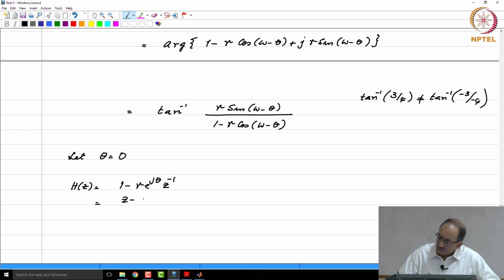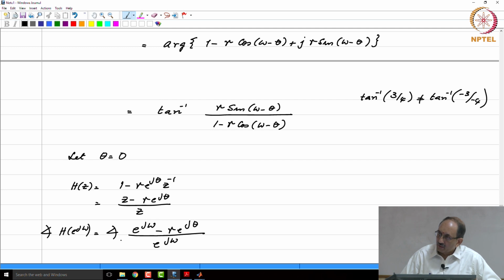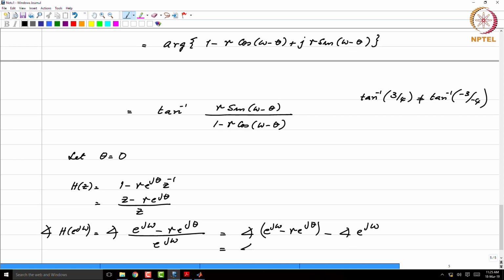So, this is nothing but z minus r e to the j theta, by z, and hence H of e to the j omega is e to the j omega minus r e to the j theta, by e to the j omega, and then we are looking at the angle of this, which in turn is the angle of e to the j omega minus r e to the j theta, minus the angle of e to the j omega.